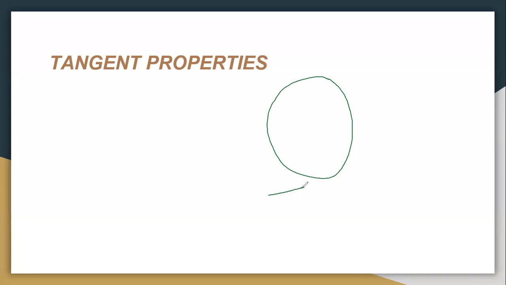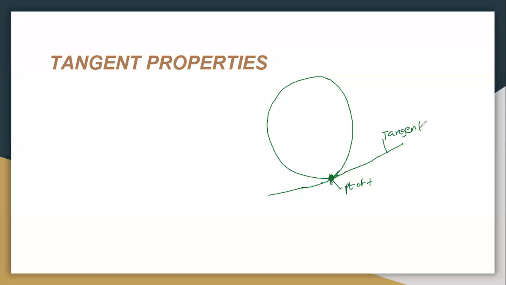So when we have a circle, as long as we have any line that touches that circle at only one point, the point at which the line meets the circle is what we call the point of tangency. However, the line here is what we call the tangent.